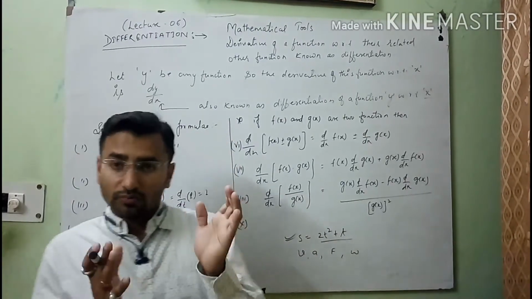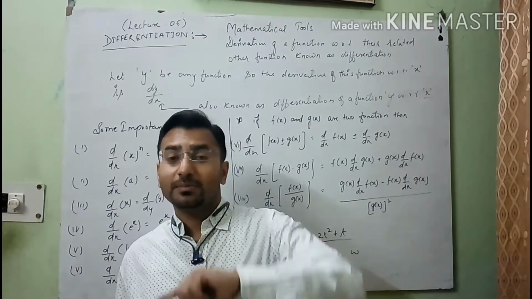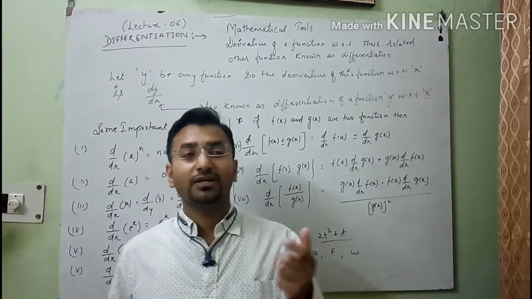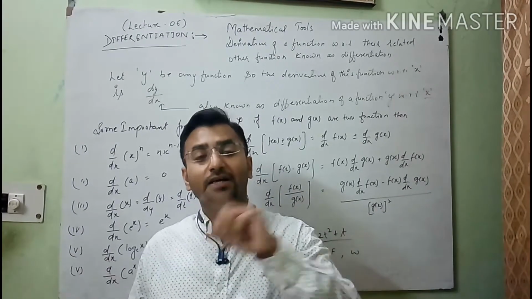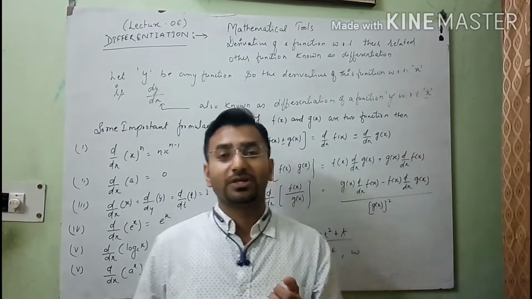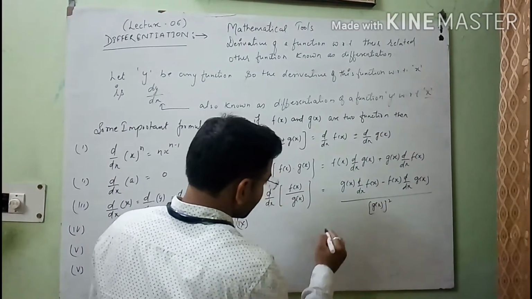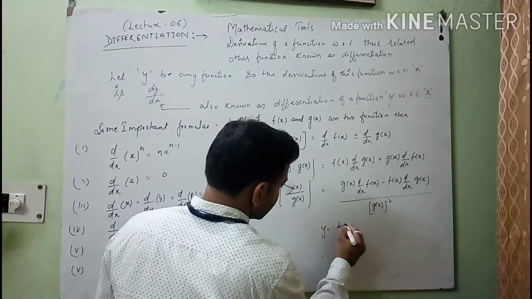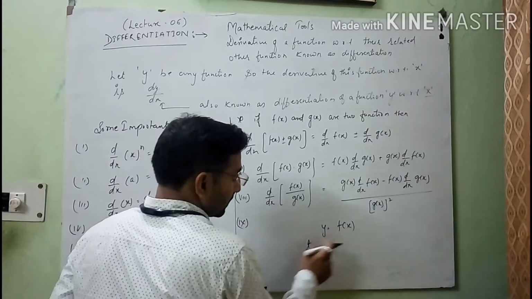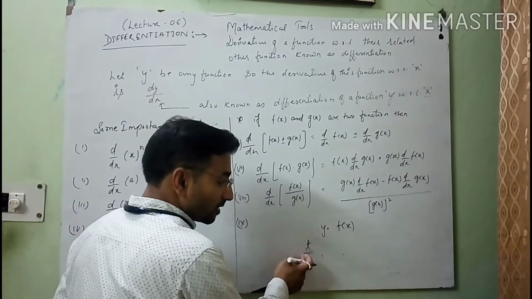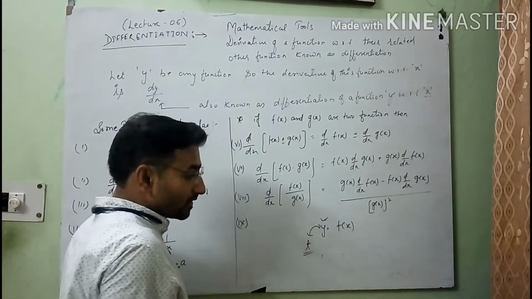Basically we have different types of variables, but if one variable does not depend on the other, and we differentiate the second one with respect to the one which is not related to it, then the differentiation will be 0. Let me give you one example. Suppose I have a function y which is a function of x, and I want to differentiate this function with respect to t, which is different, because there is no relation of this function with the third variable t.